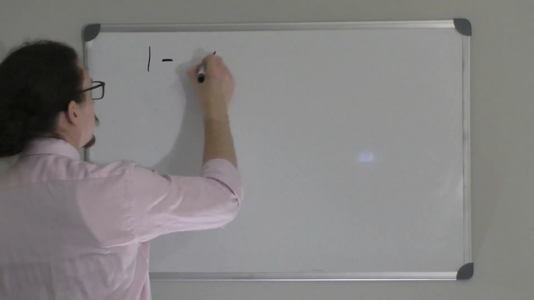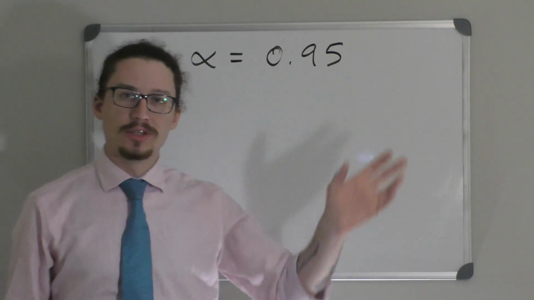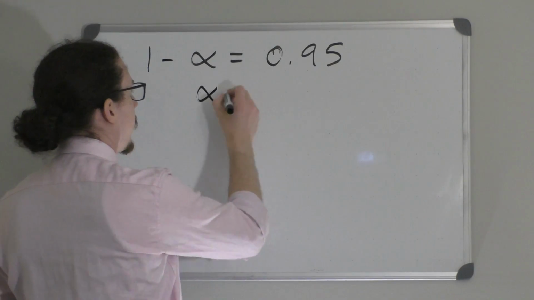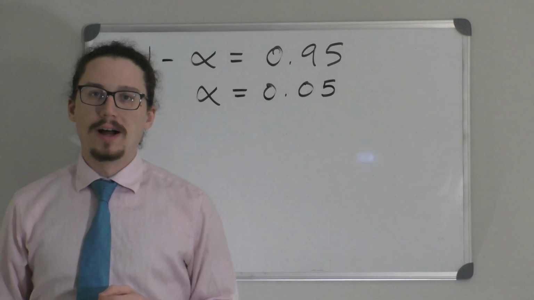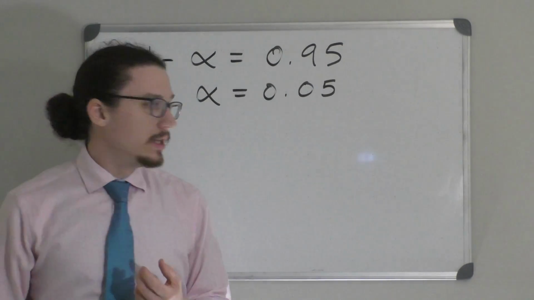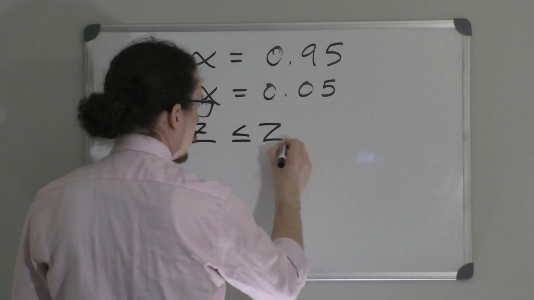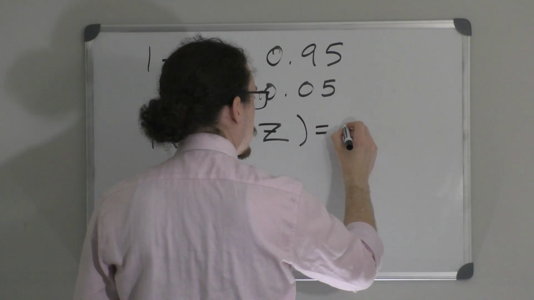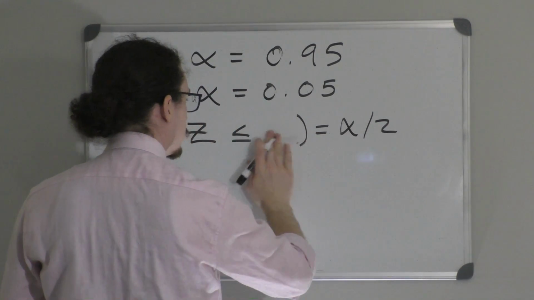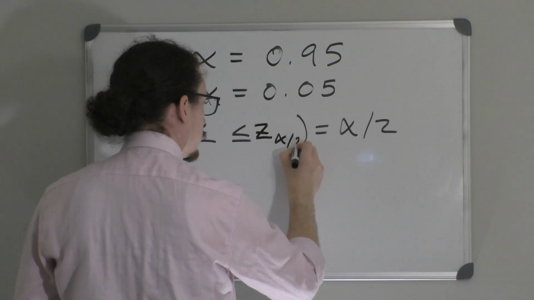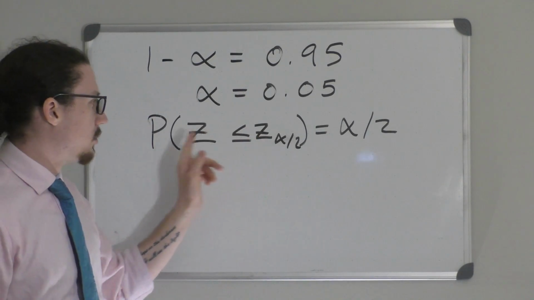All right, so if 1 minus alpha equals 0.95, we can do some simple math to determine that alpha is equal to 0.05. Now we know that we need to find this z alpha divided by 2, right?